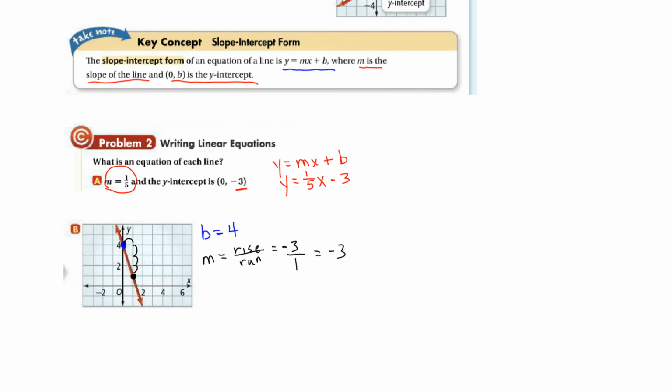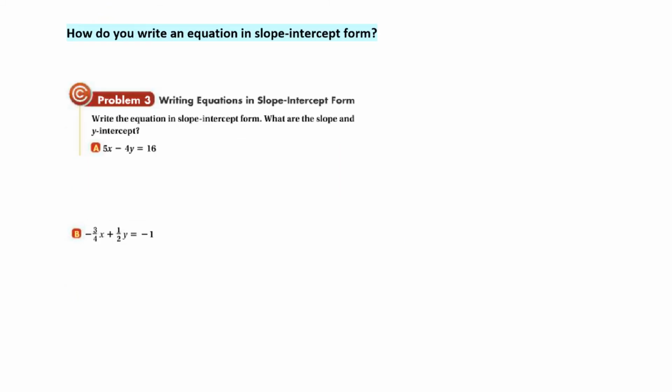So then I could write my equation, y equals my slope, -3x, plus my y-intercept, 4. So y equals -3x plus 4. So how do we write an equation in slope-intercept form?